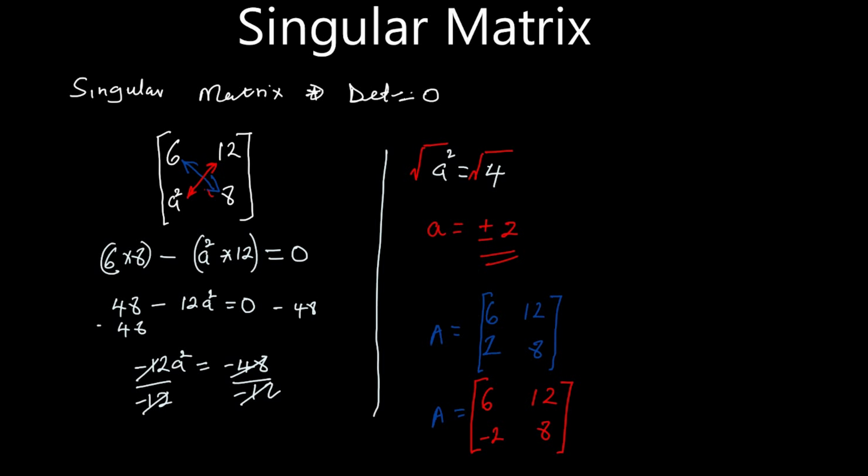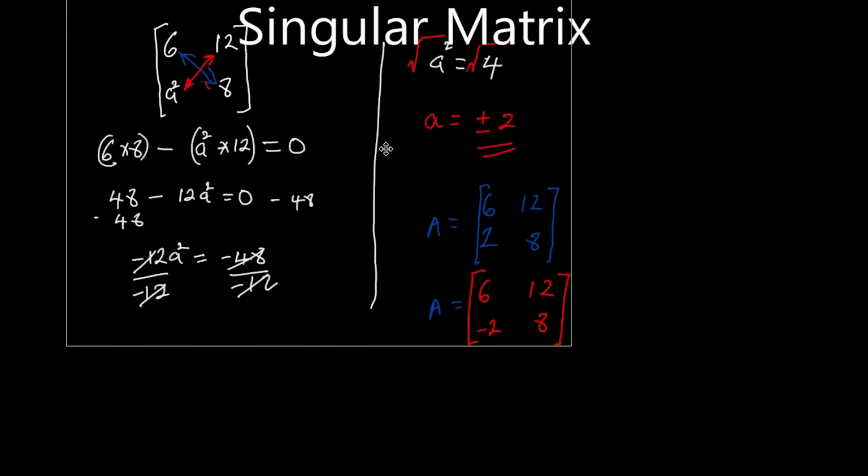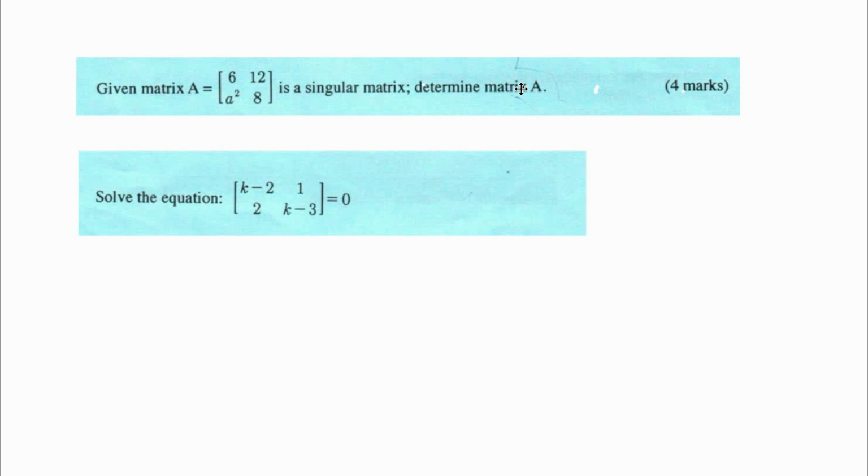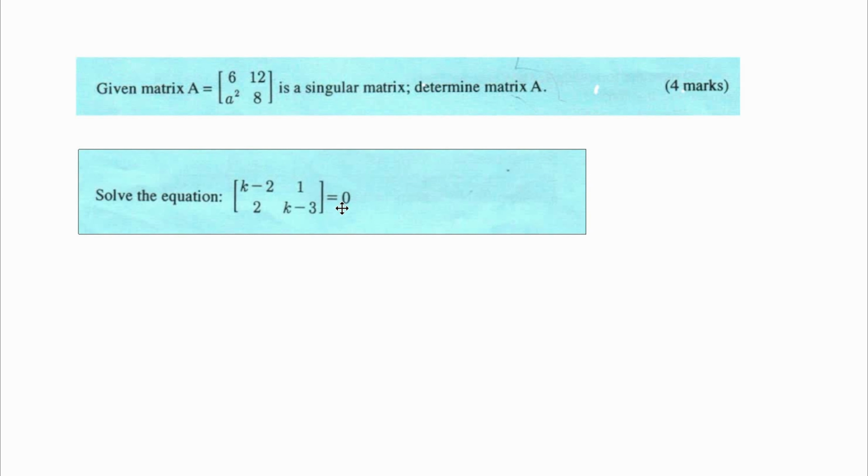Let us look at the second example. For the second example, the question says solve the equation, and we have the matrix k minus 2, 1, 2, k minus 3 is equal to 0. The moment they have said it is equal to 0, this simply means that our matrix is a singular matrix, and therefore when we evaluate the determinant, it should give us a value which is equal to 0.